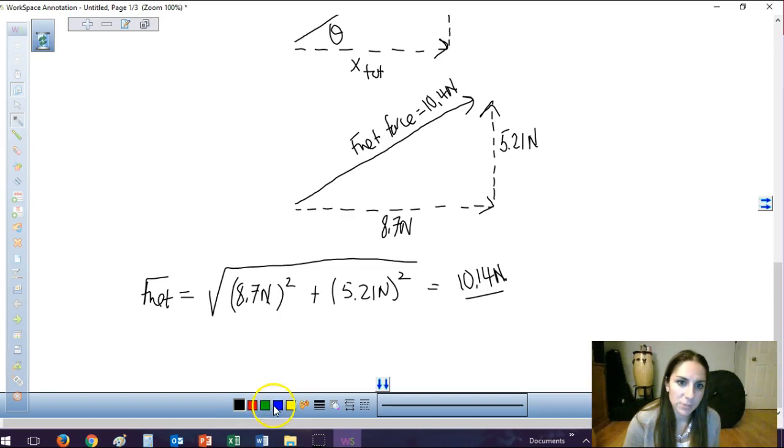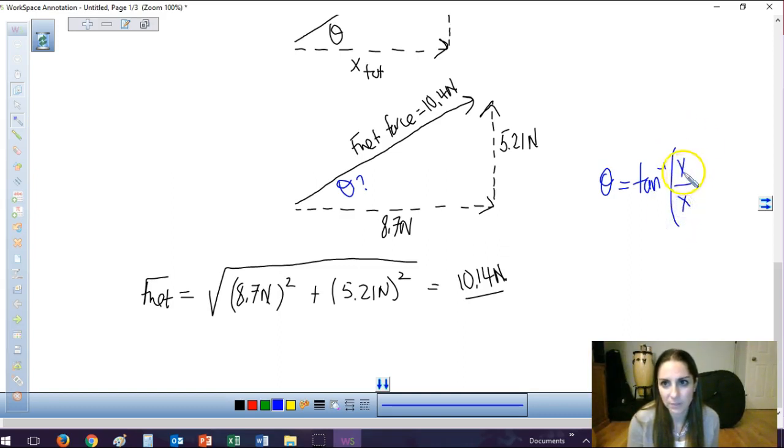But we also like to know where it's pointing, so the angle is important too. The angle of that force can be solved with any of the values here because you have all the legs of the triangle. But as you already know, my personal favorite in one step is the inverse tan of y over x.